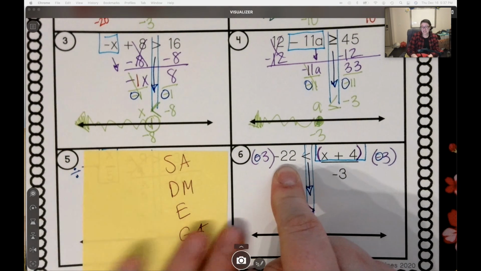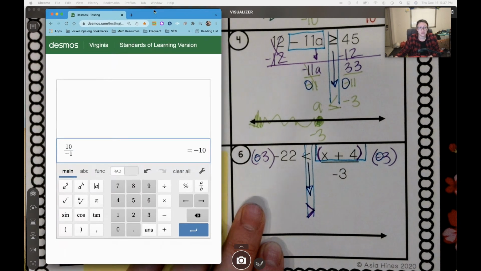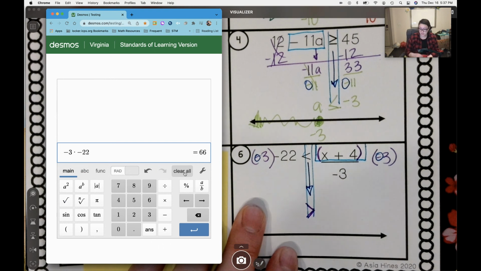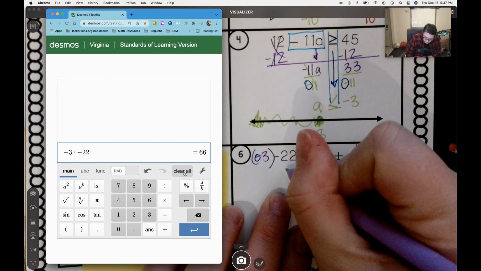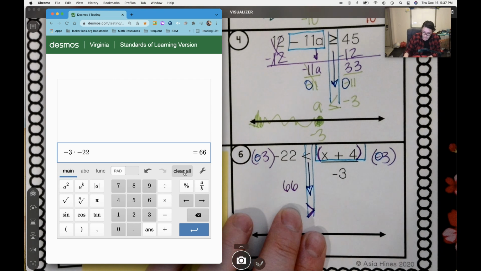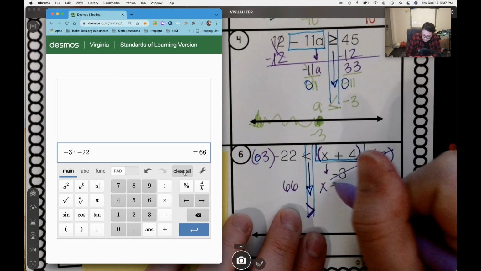We multiplied both sides times a negative 3, so our sign needs to flip. Negative 3 times negative 22. Let's get our calculator going. Negative 3 times negative 22 is a positive 66. Positive 66 on this side. Those negative 3's cancel. We bring down our x plus 4.